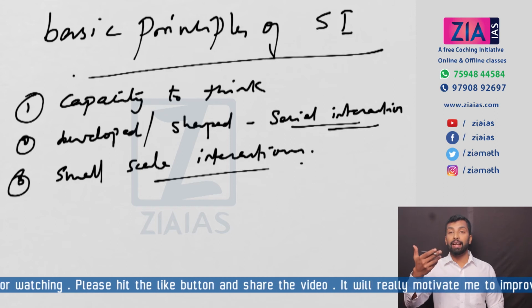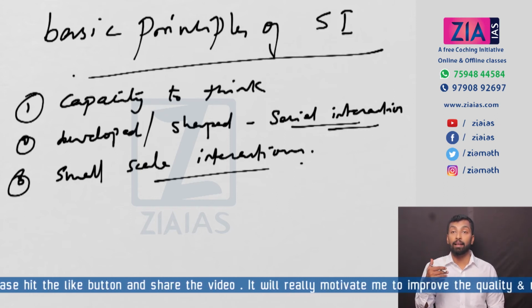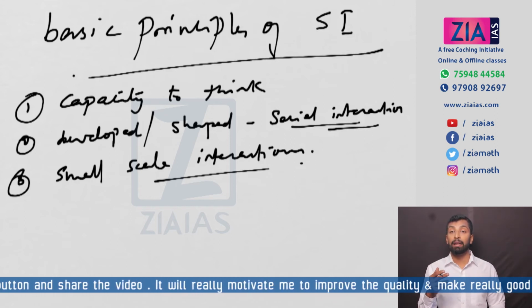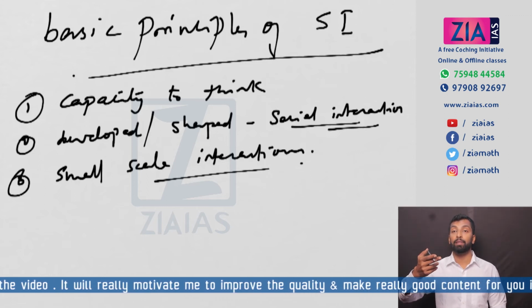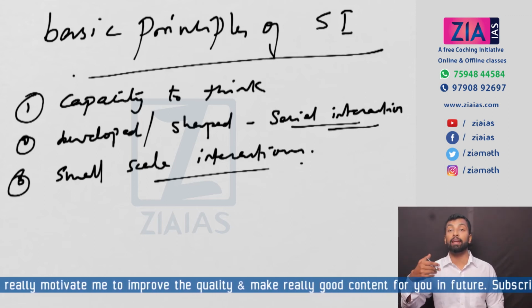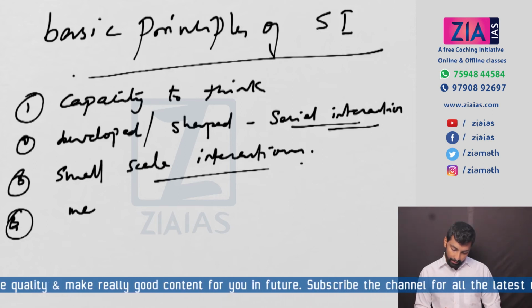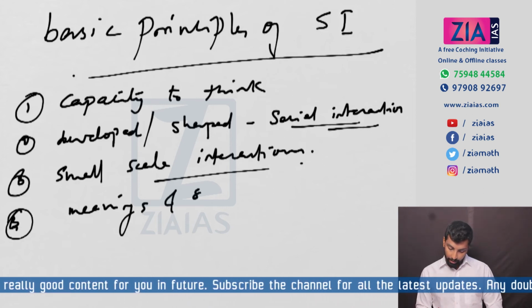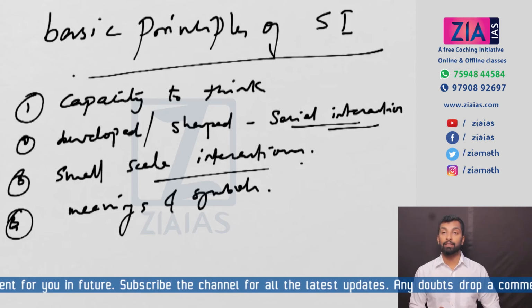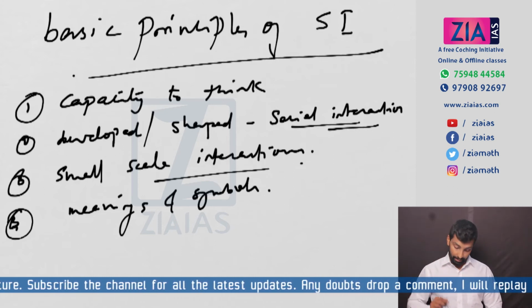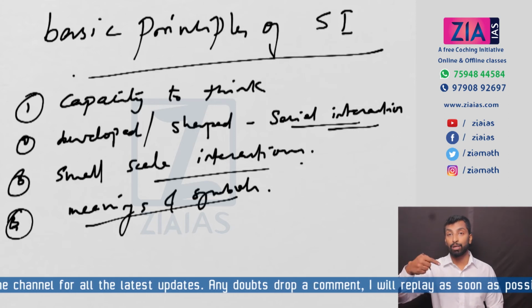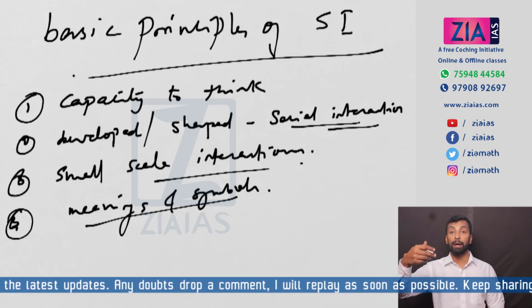Fourth, through the social interaction process, human beings learn the meanings and symbols which help them to express their thought or thinking capacity. So you can write they learn meanings and symbols through social interaction, and that helps them to express their capacity of thought.